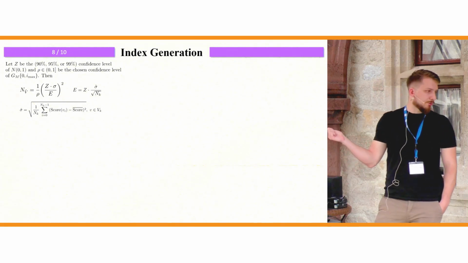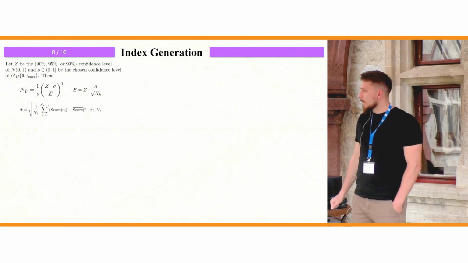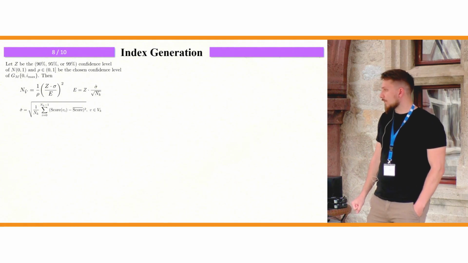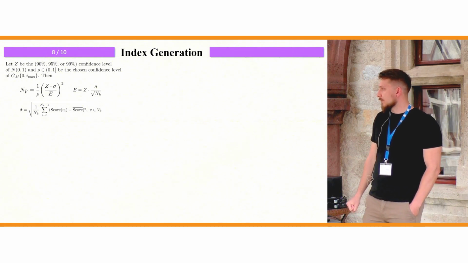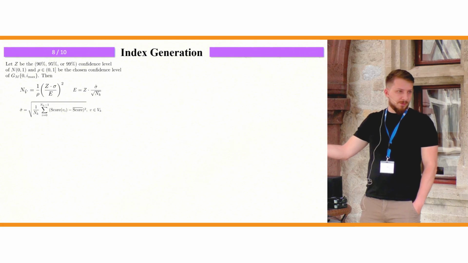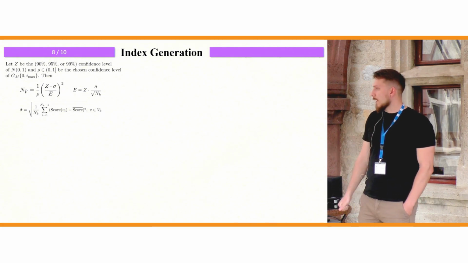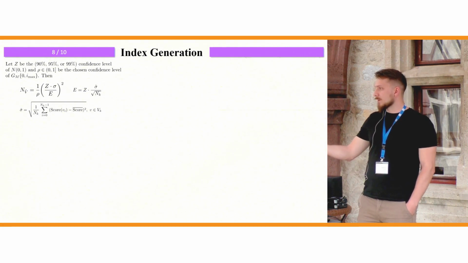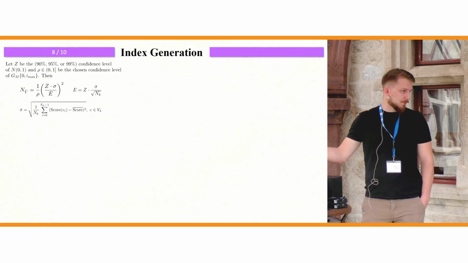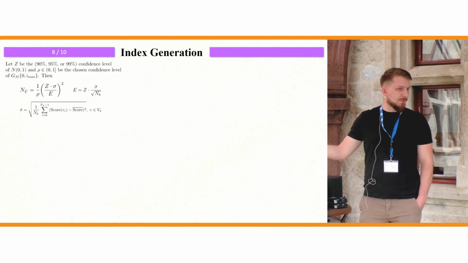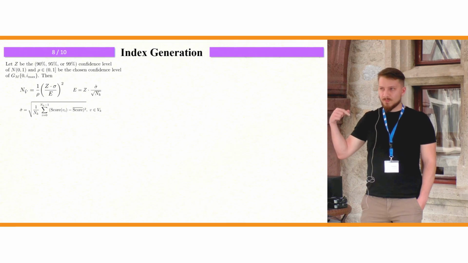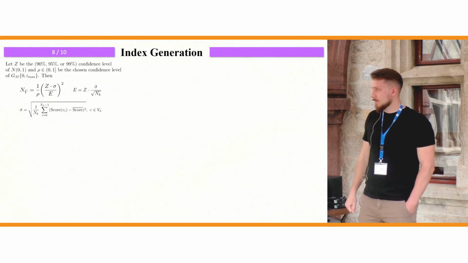We'll show the evaluation of the scores later. And then this value stems from the confidence level of the normal distribution and the chosen confidence level. Let's say that we want to choose half of the vertices from the probabilities that we compute.